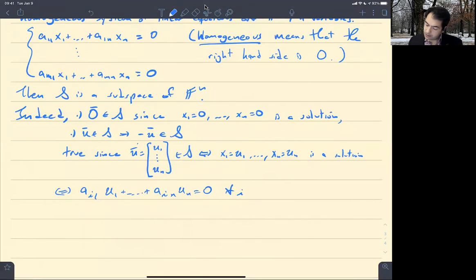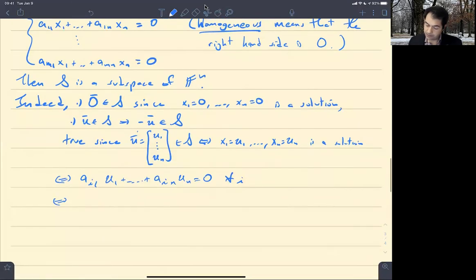And then I can multiply this whole thing by minus one. If this is true, then I can move everything from the left-hand side to the right-hand side, and that's going to replace the vectors with their additive inverses.